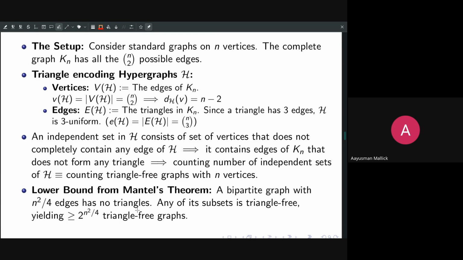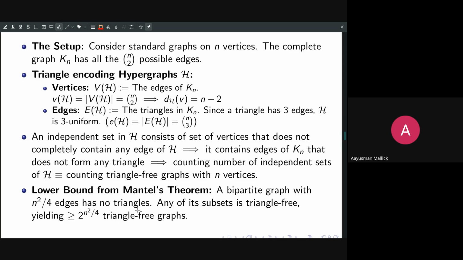So when we are counting individual independent sets of the hypergraph, any of the sets we are finding is triangle free. The number of vertices of the hypergraph is the same as the number of edges in Mantel's theorem.